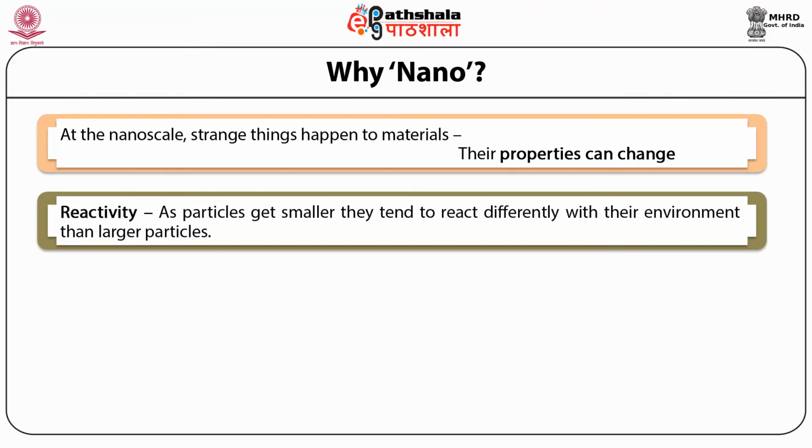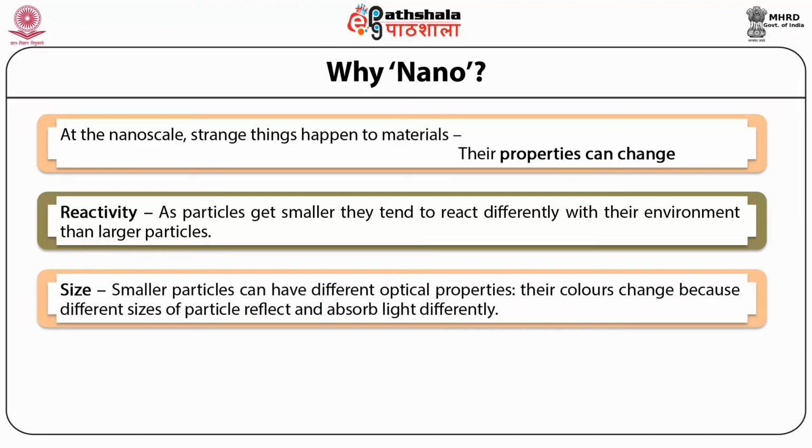As the particles get smaller, they tend to react differently with their environment than the larger particles. Next is the size. Smaller particles can have different optical properties. Their colors change because different sizes of particles reflect and absorb the light differently.